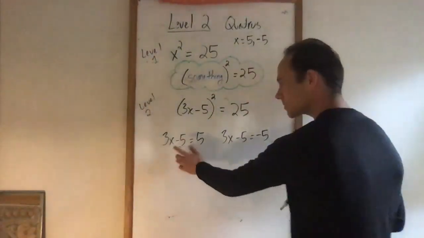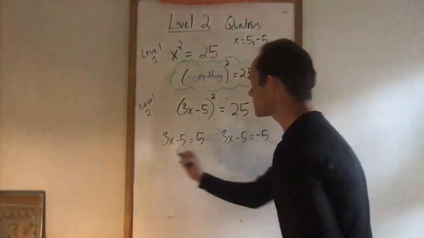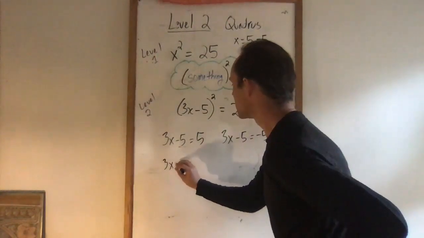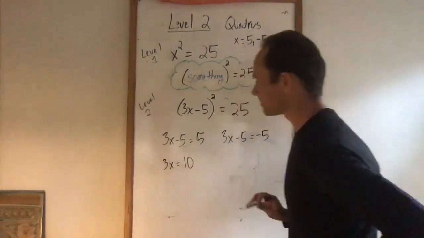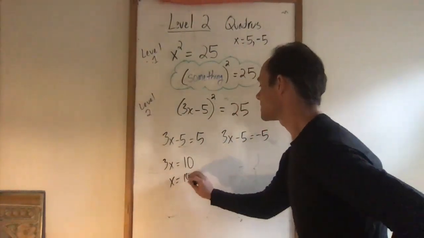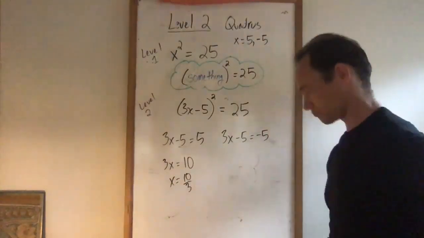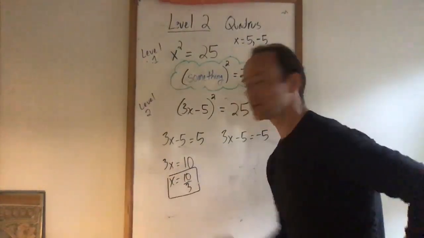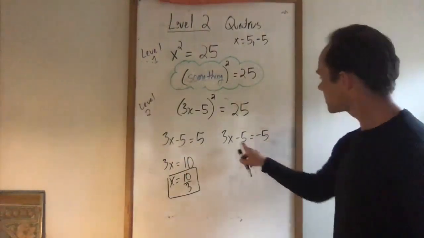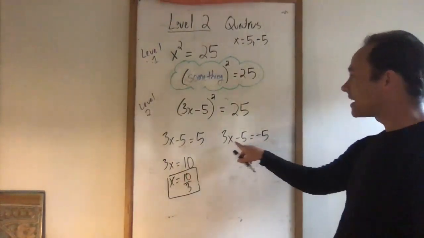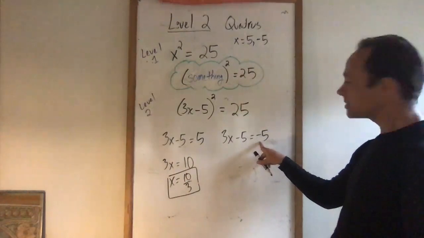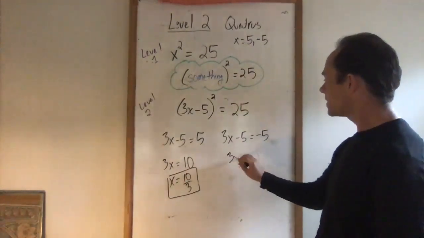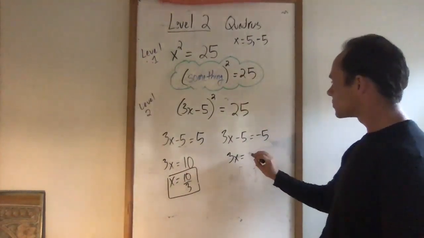All right. So now I'm going to add 5 to both sides here. So we get 3x is equal to 10. So x is equal to 10 over 3. So that's fine. Nice fraction answer. Nothing wrong with fractions. Again, I'm going to add 5 to both sides here. So that gives me 3x is equal to 0.